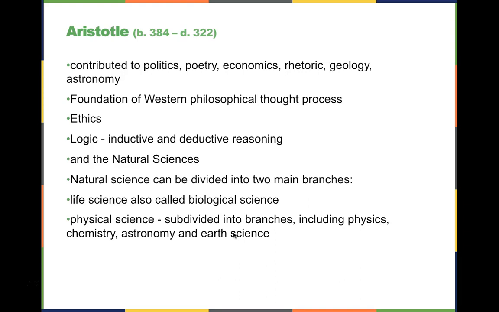He was a serious individual who observed and tried to make sense of everything he saw, and today would even be considered possibly a Renaissance person, because he not only studied the biological organisms around him, but also politics, poetry, rhetoric, geology, astronomy, ethics, and developed what we recognize today as the foundation of Western philosophical thought.